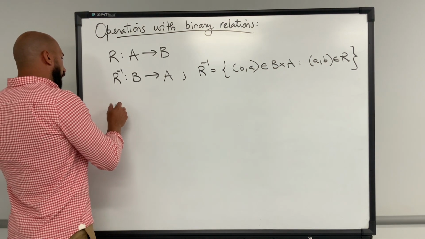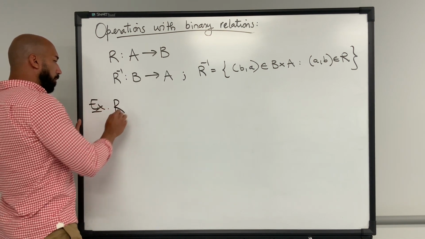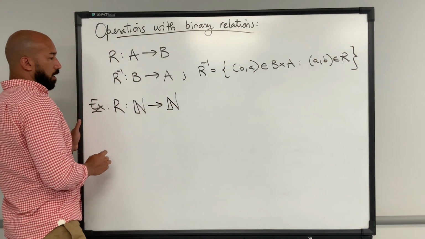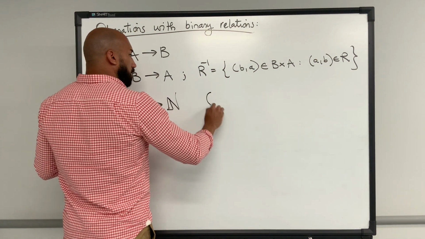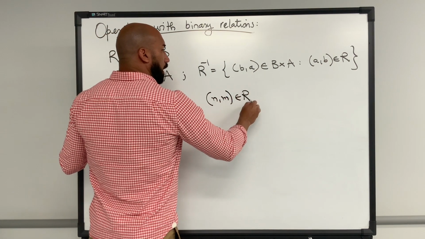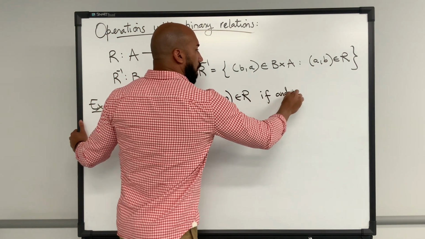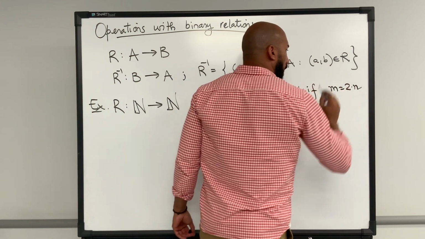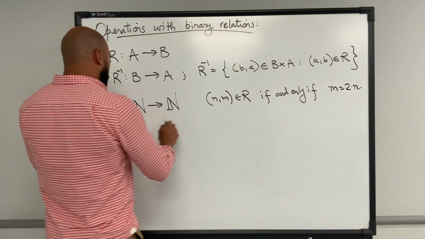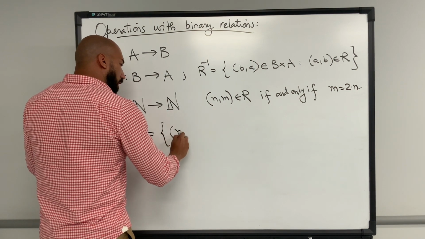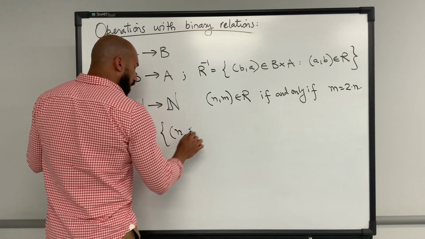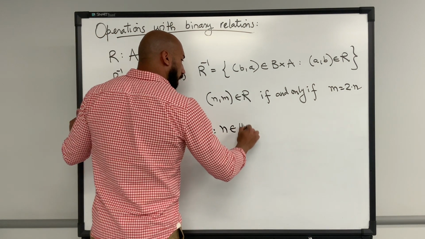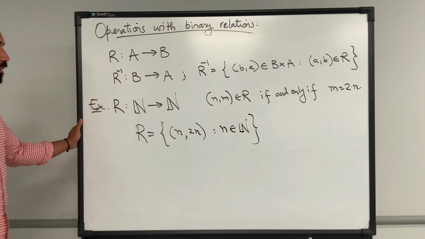So remember that we have R, this is an example, from the set of natural numbers to the set of natural numbers, given by: the pair (n, m) is in this relation if and only if m is equal to 2 times n, which enables us to write R as the set whose pairs are (n, 2n), with n any natural. Is that okay?